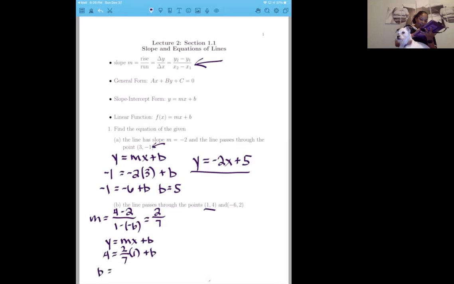So b is equal to 4 minus 2/7, and that's 28 minus 2, which is 26/7. So the equation of my line is y equals mx plus my b.